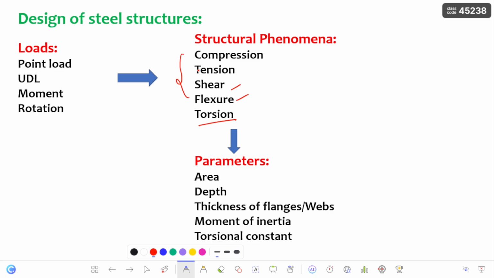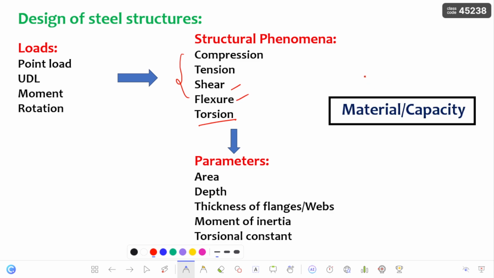And also if you consider channel section, it has mild flexural strength and also high shear strength. In this way, each and every cross section is used for different situations. So, based on each cross section's application, you can prefer different cross sections in different situations.